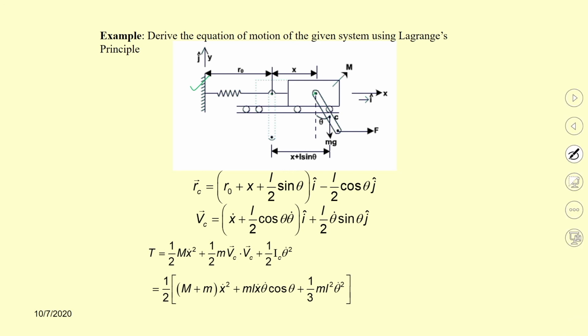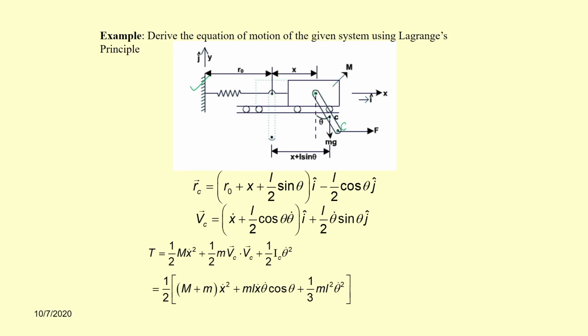So we can write down the position vector of this point C, the position vector R C, equal to R0 plus x plus this distance.